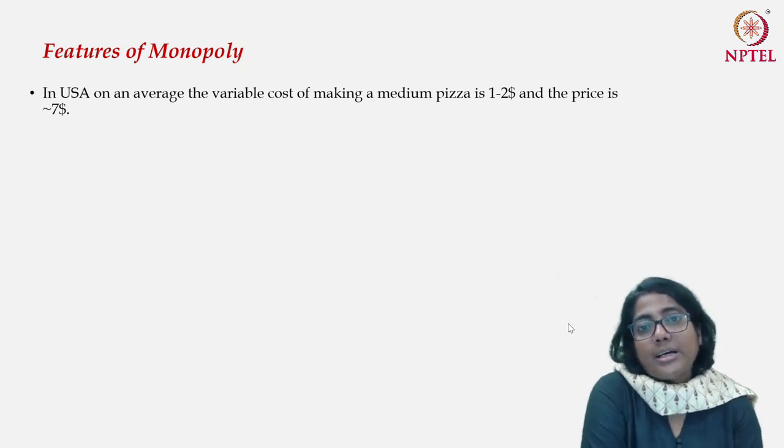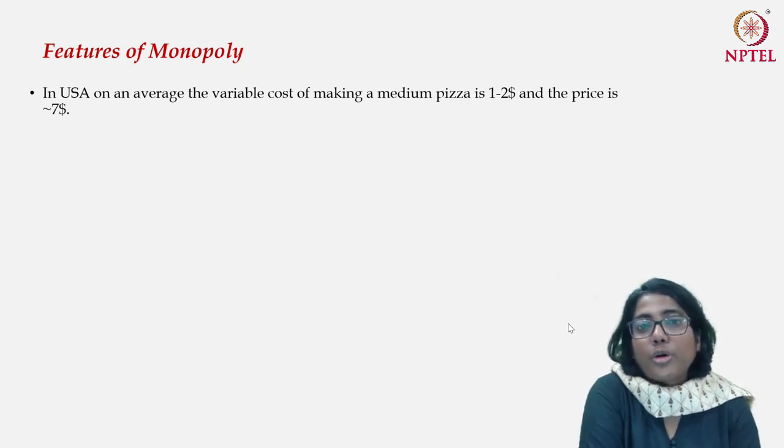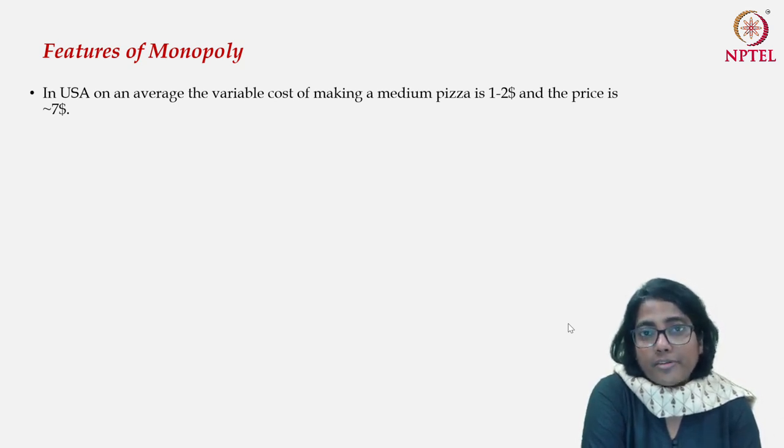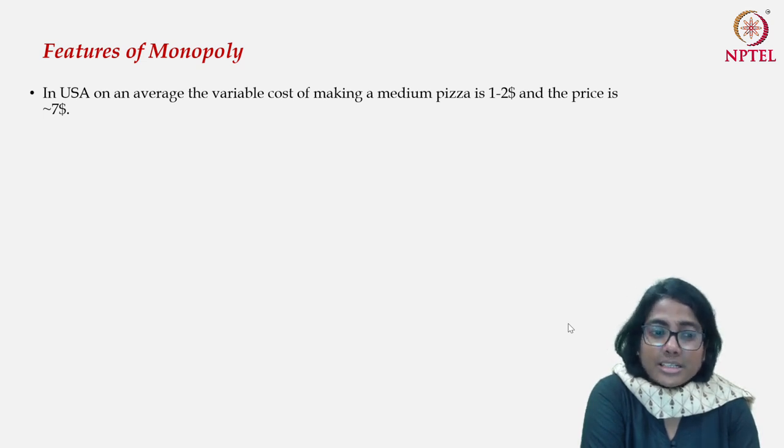So the average variable cost or the marginal cost is relatively small, right? If under a perfectly competitive market the producer has to equate the market price with the marginal cost, then the price of pizza would have been $1 to $2. However, it's much more than that. It's $7. Even the pizza company will not go out of business if they start charging $10 from you.